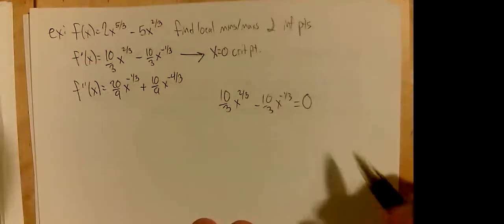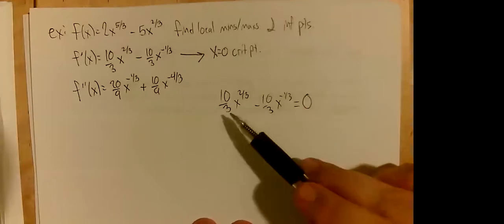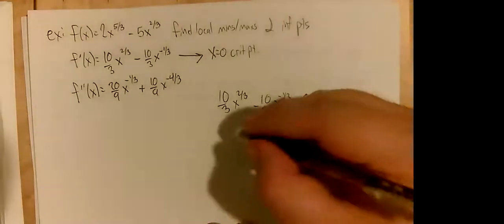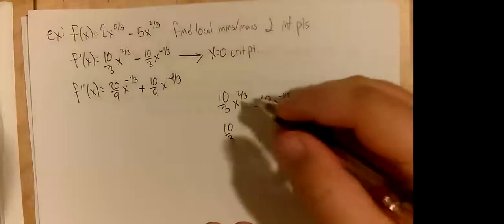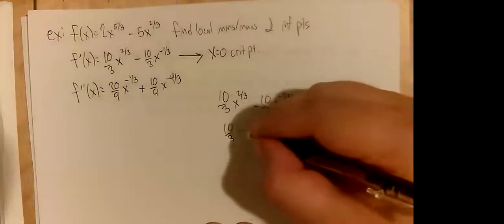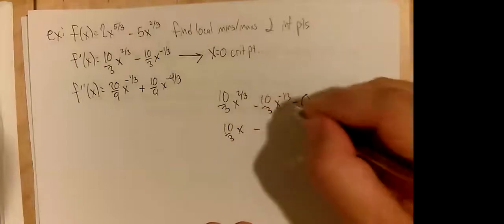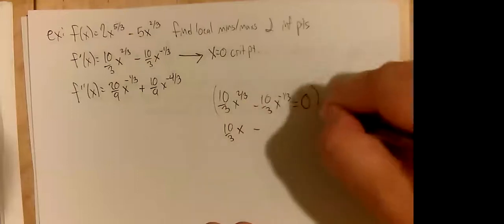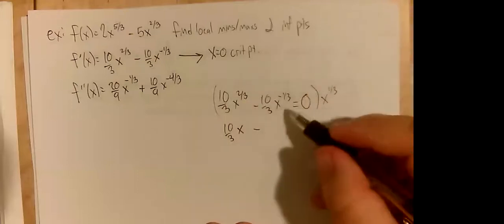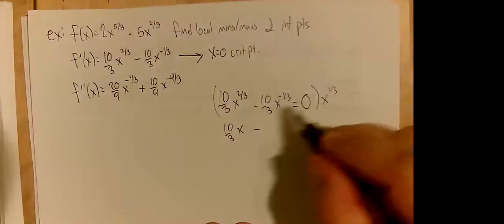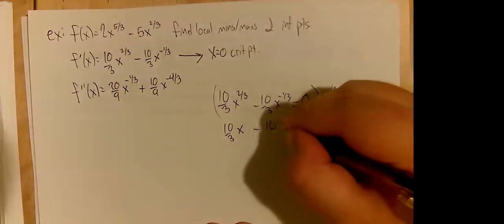All right. Now, assuming that x isn't 0, I'm just going to multiply both sides by x to the 1/3. So I have 10/3, and then this times x to the 1/3 will simply be an x. And then this times x to the 1/3 will cancel out, because multiplying by your negative exponent cancels it out.